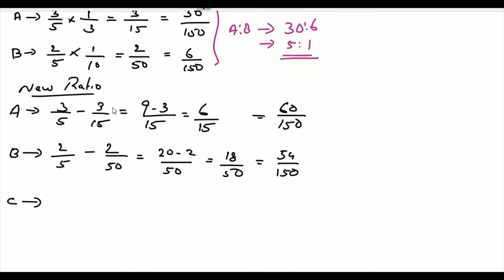Now see, C's share will be the two sacrifices made. One is 30/150 and 6/150. So made by A and B, it is 30/150 plus 6/150. That is equal to 36/150.